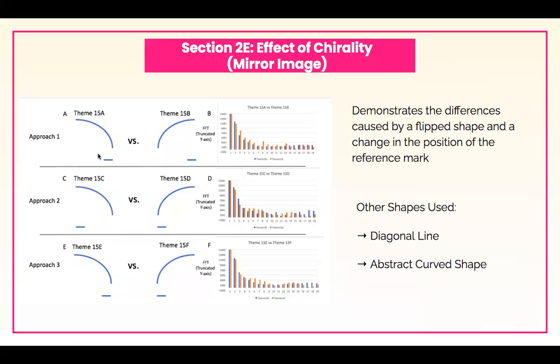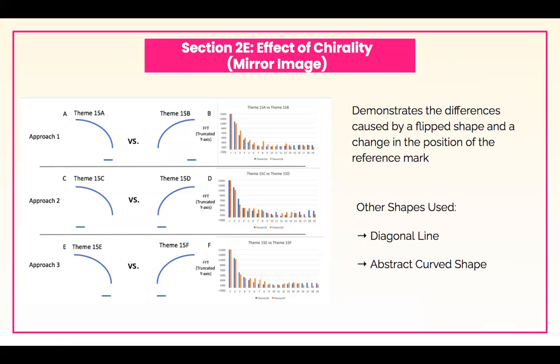In approach one, the shape has a distinct frequency spectrum when flipped horizontally into its mirror image. The reference mark is kept on the bottom right in both cases. However, in approach two, where the curve is flipped as before, the reference mark is kept on the bottom left. This approach is equally valid.